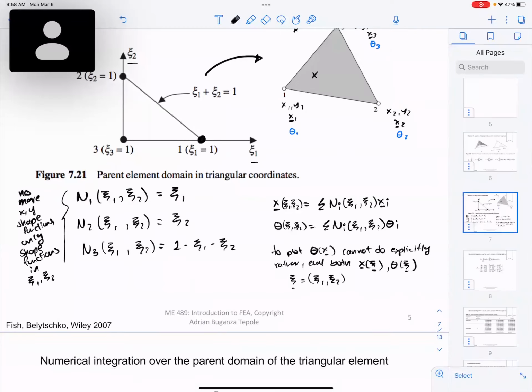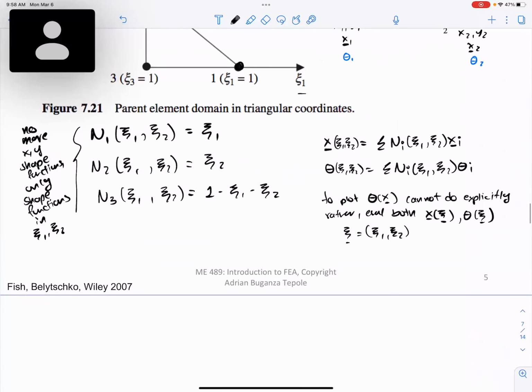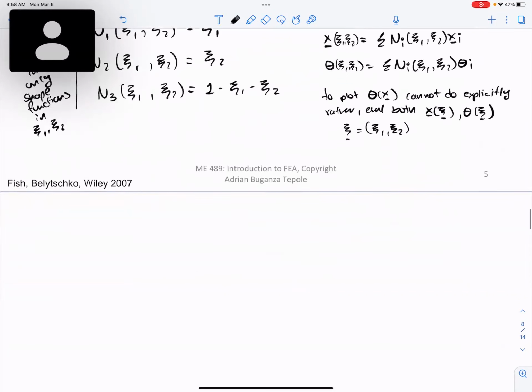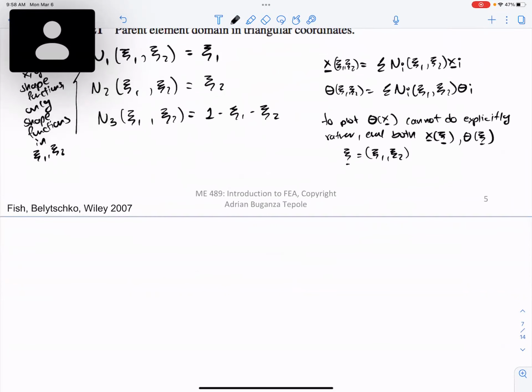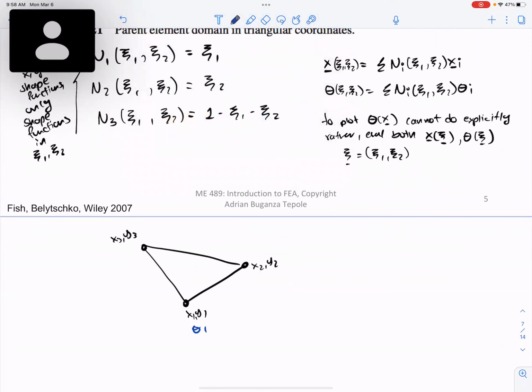Let me show you how that would look in the code. Let me leave it more or less there. So again, we have some triangle which has some x1, y1, x2, y2, x3, y3, and some values of theta: theta1, theta2, theta3.